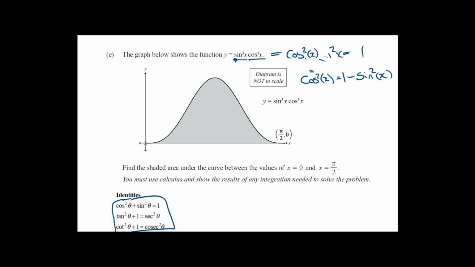Cos squared of x plus sine squared of x equals 1, so I'm going to take the sine squared x across.